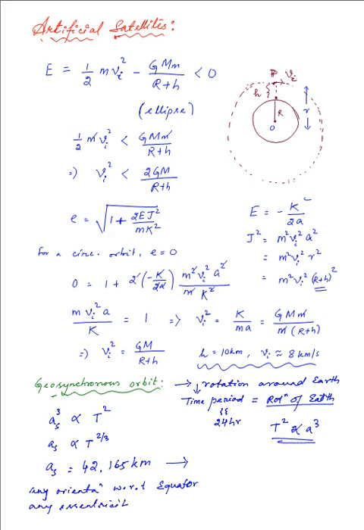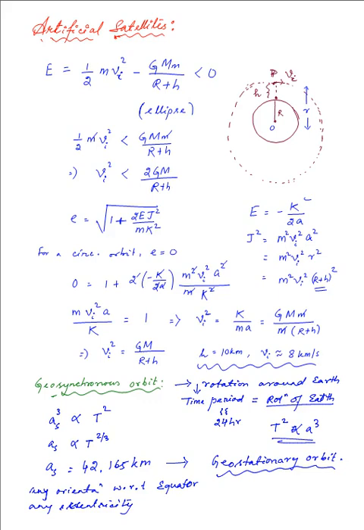A special condition, however, that we have from the geosynchronous orbit is the geostationary orbit. Now the geostationary orbit must be a geosynchronous orbit obviously, but it has to be stationed over a particular point, let us say a point over the equator.